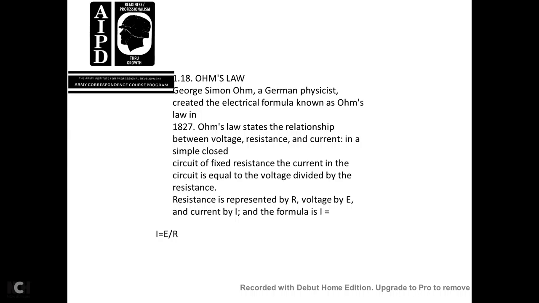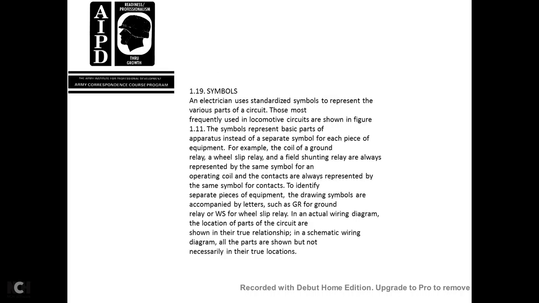Resistance is represented by R, the voltage by E, and the current by I. The formula is known as I equals E over R: I equals E divided by R, the current equals the voltage divided by the resistance. Like I said, you can change the variables on that.